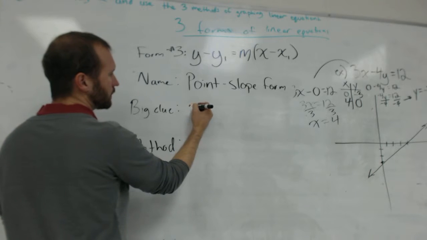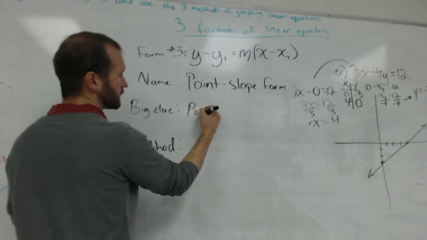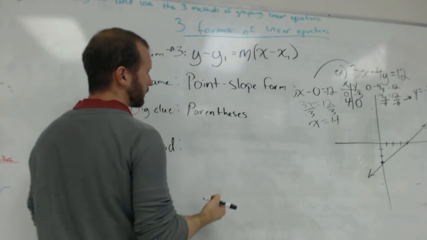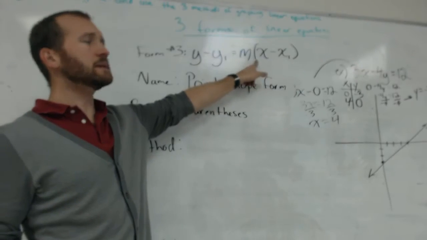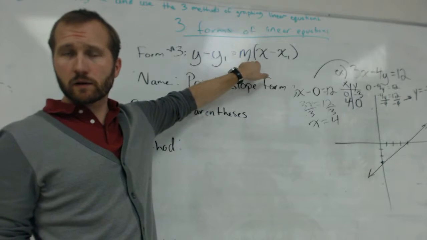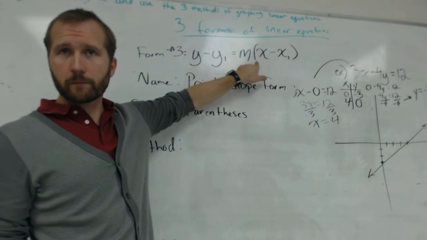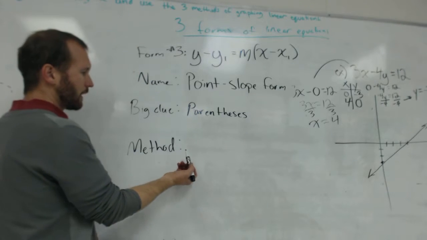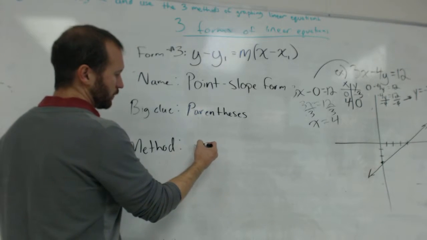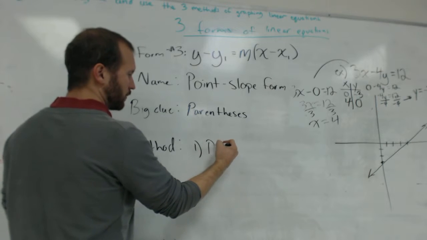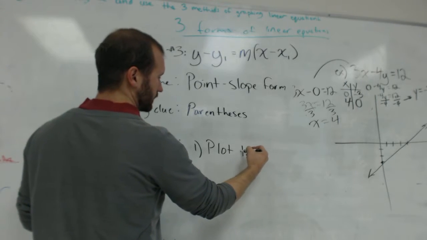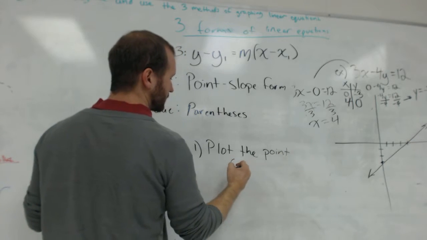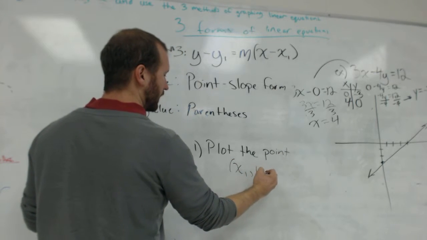Usually the big clue is the parentheses. Whenever we see parentheses, that's going to be point slope form. Method 1. We plot the point. And the point is x1 comma y1.